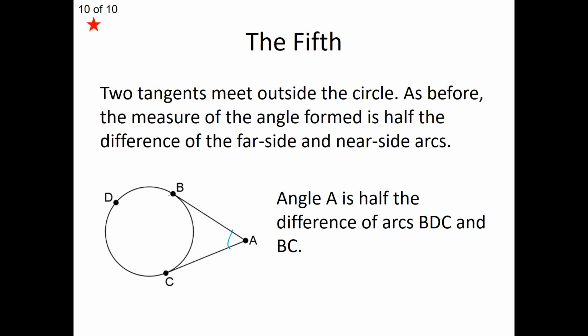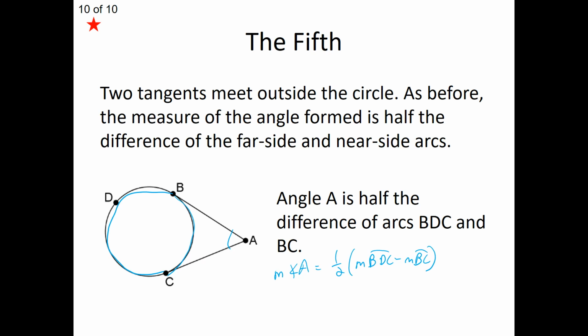Its far side arc is arc BDC, and the near side arc is arc BC. So what we want to prove is that the measure of angle A is equal to half the difference of the far side arc and near side arc, which is the measure of arc BDC and the measure of near side arc BC.